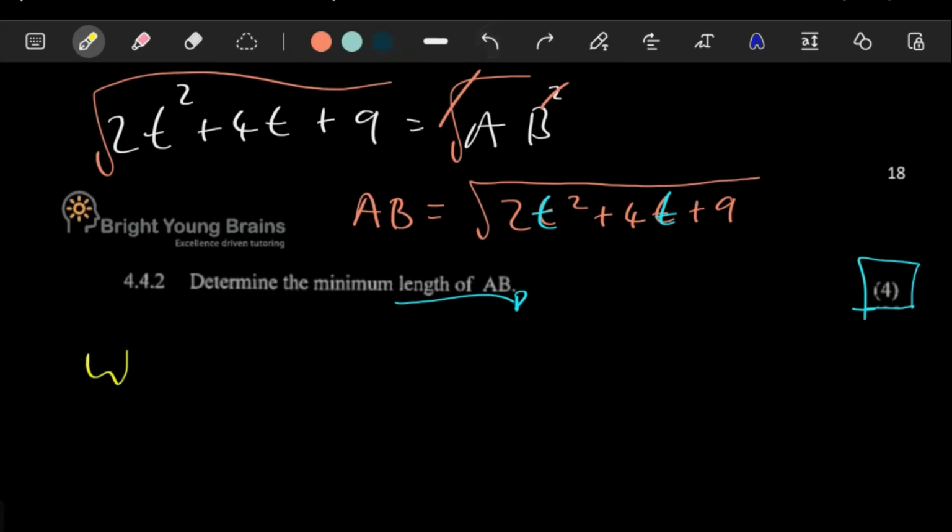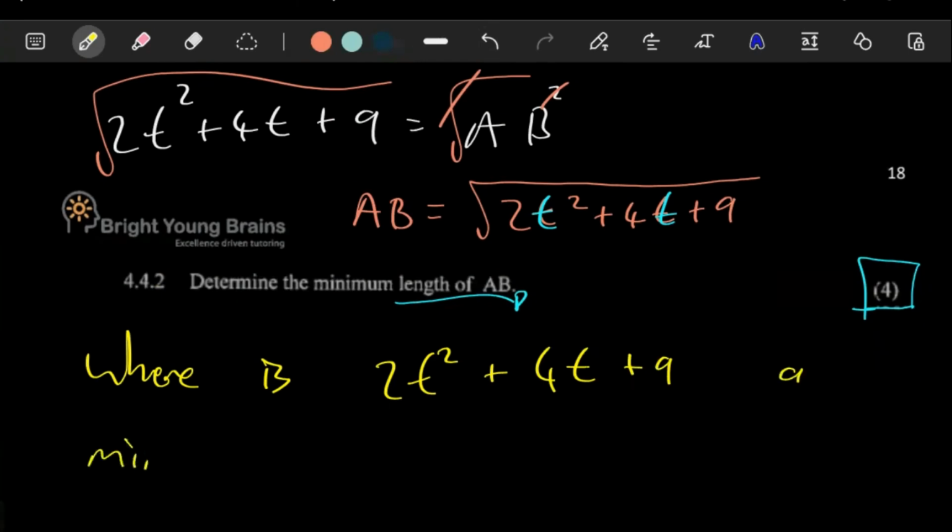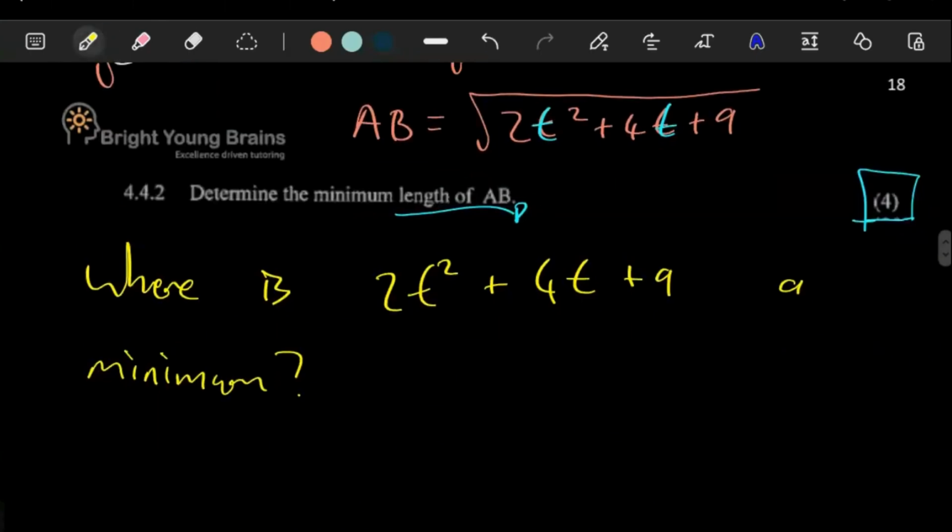You see, where is 2t squared plus 4t plus 9 a minimum? That's your question. In a situation like that, this is just a quadratic equation, right? So you can just differentiate and equate it to 0.